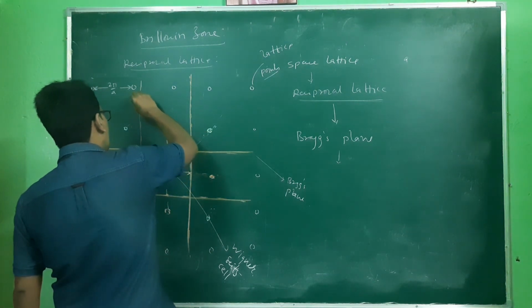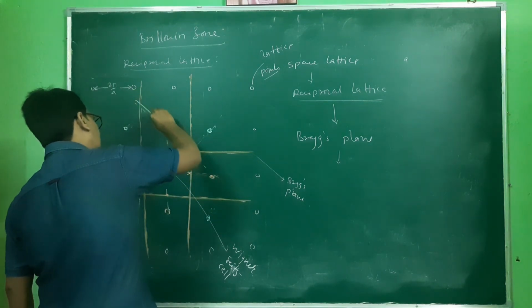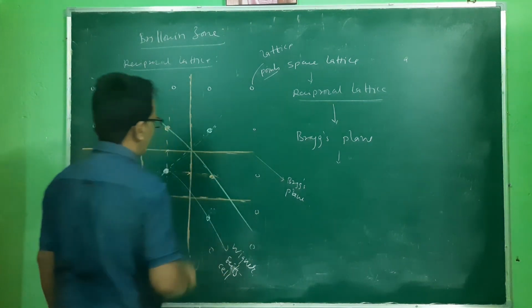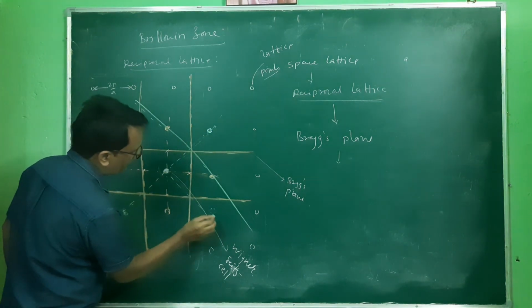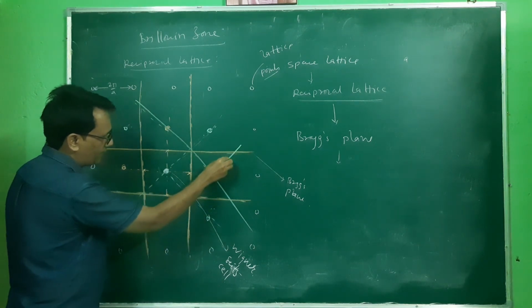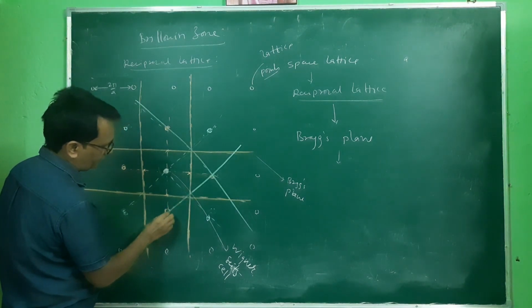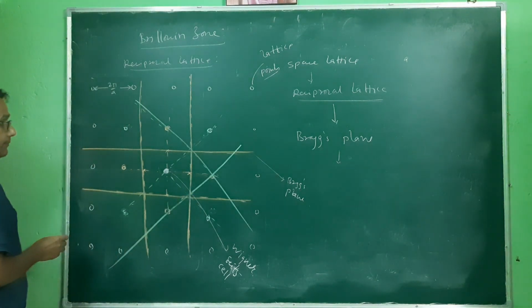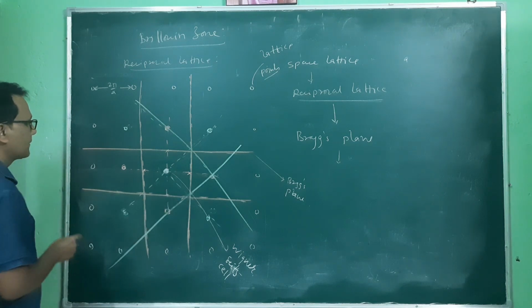If it is symmetric, the bisector will be somewhere like this. And if it is symmetrically drawn, then this line passes through this cross point.